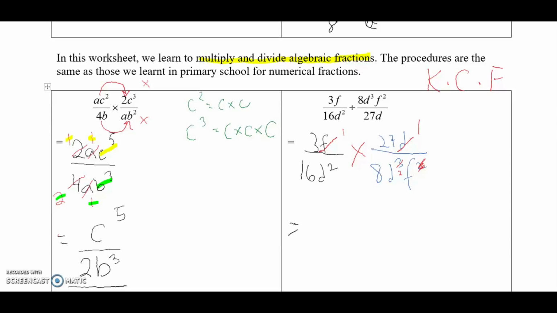Next, we realize that there isn't any other common factor for numerator and denominator, and therefore now we can multiply all the numerators together.